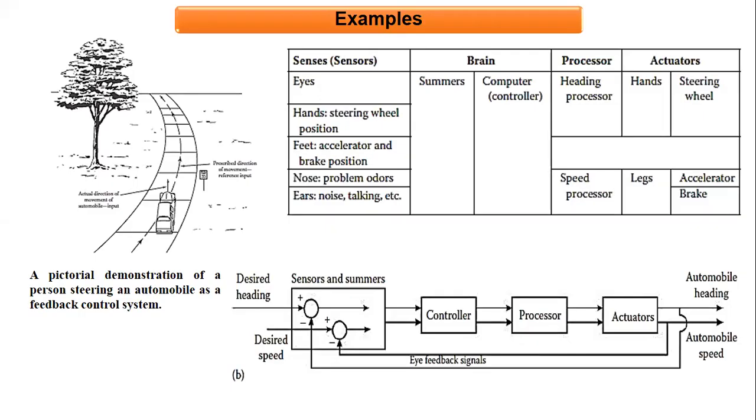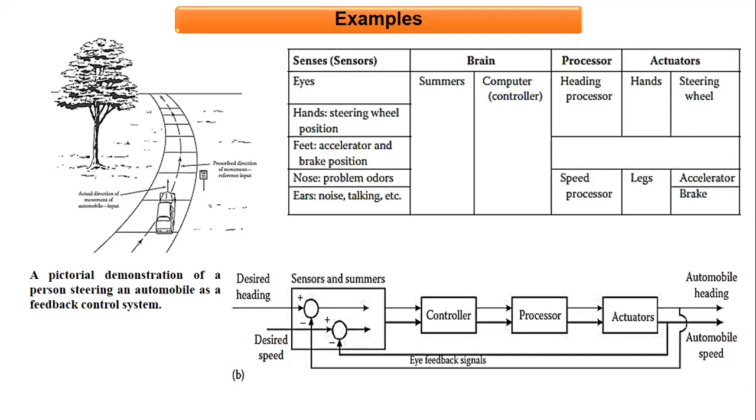So here is one example of a closed loop control system. This is a pictorial demonstration of a person steering an automobile as a feedback control system. A feedback control system has a controller, plant, feedback mechanism, and error detector; these are the basic elements, right?